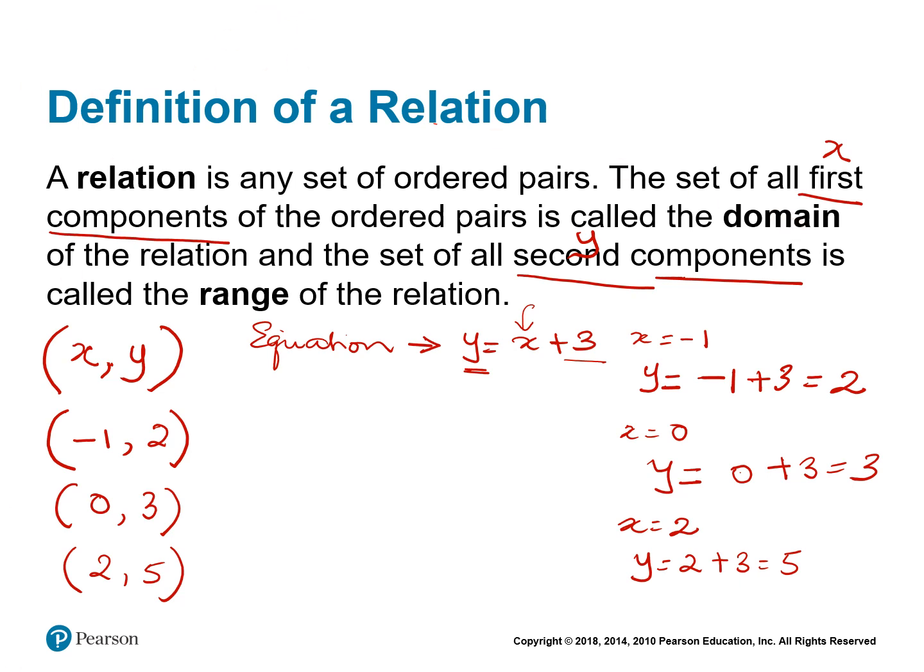So domain values represent the first components, and it's basically all the x values. And the range values, as it says in the definition, are the set of all the second components. They are all the y values.